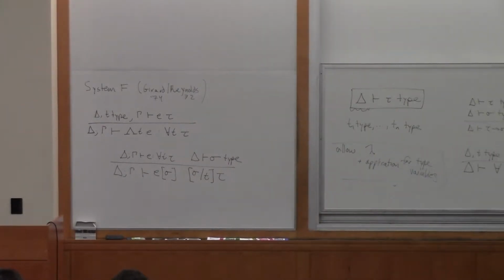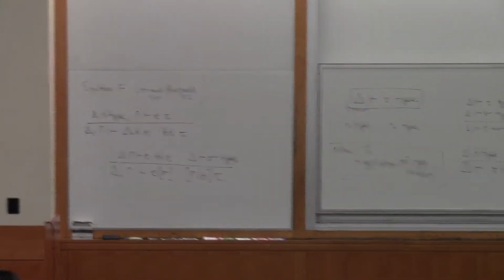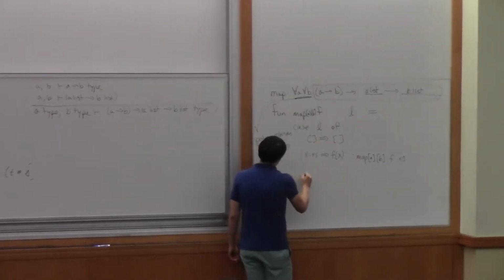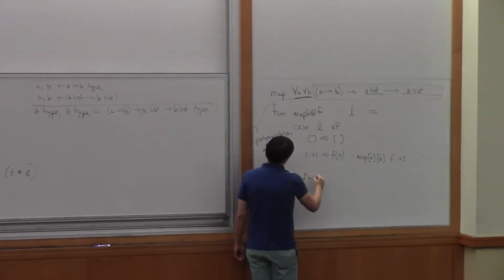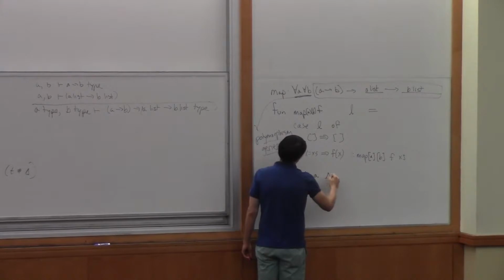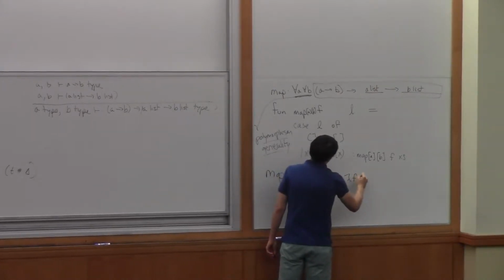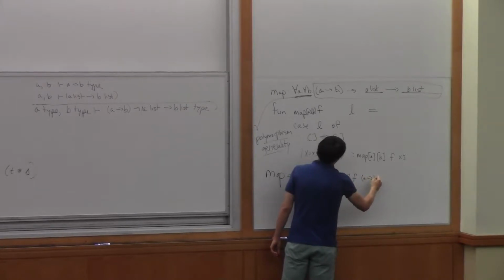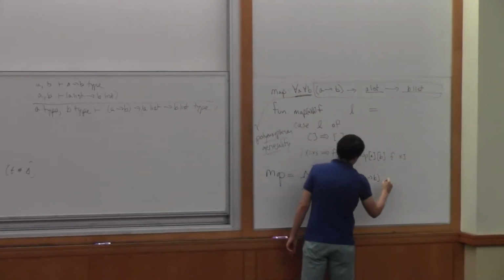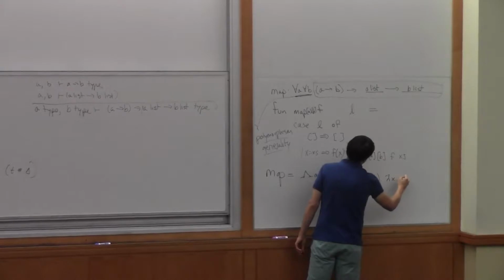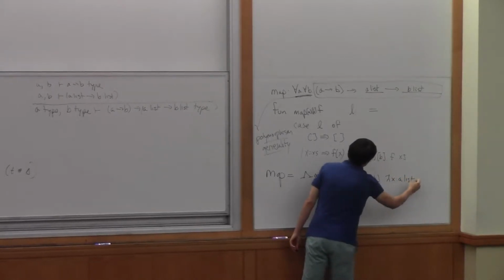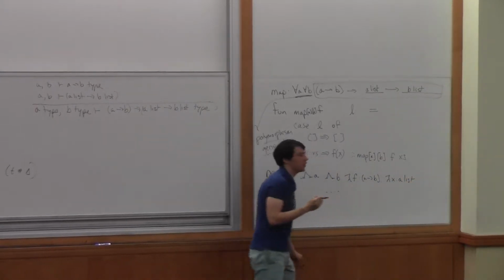So for example, map would really start out capital lambda A, capital lambda B, dot lambda F colon A arrow B, dot lambda X colon A list, and then would have some code.